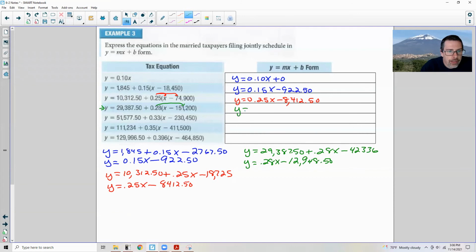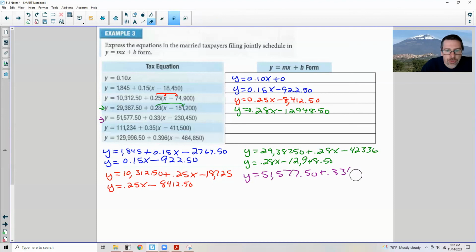Okay, so y equals 0.28x minus $12,948.50. Okay, the next one I'll do in purple. Y equals $51,577.50 plus 0.33, 33% of x.